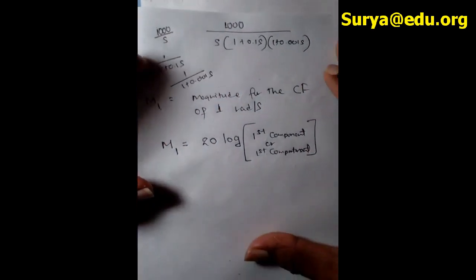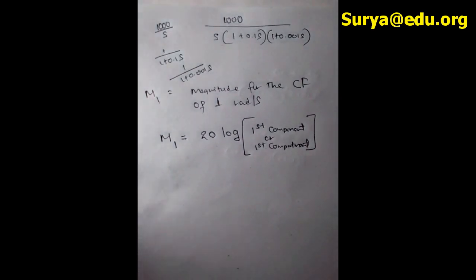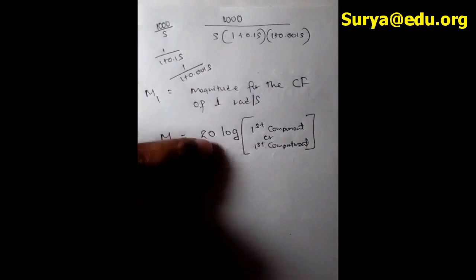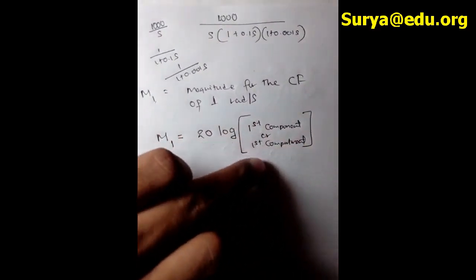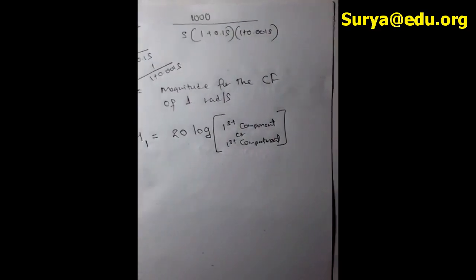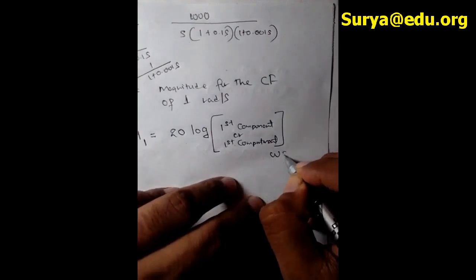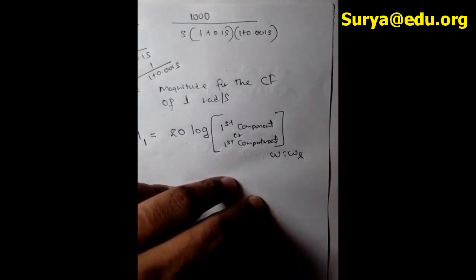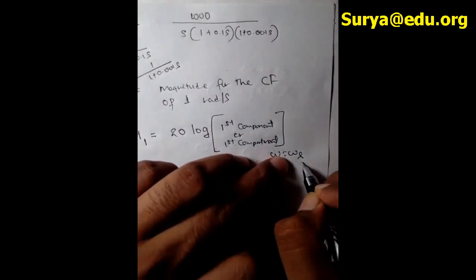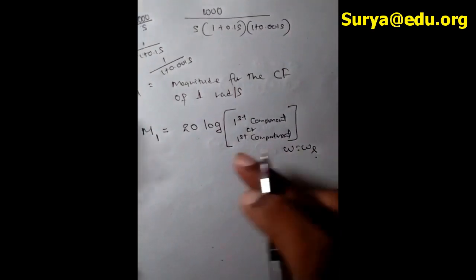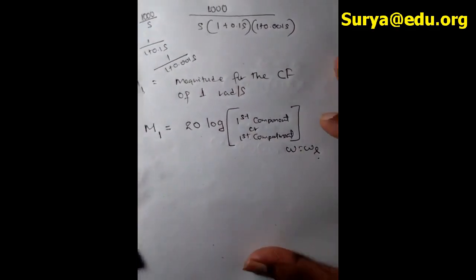Now here there is a formula. M1 equals 20 log of the first component, or first compartment, at omega equals omega L, because omega L is the particular frequency at which we are going to find M1.